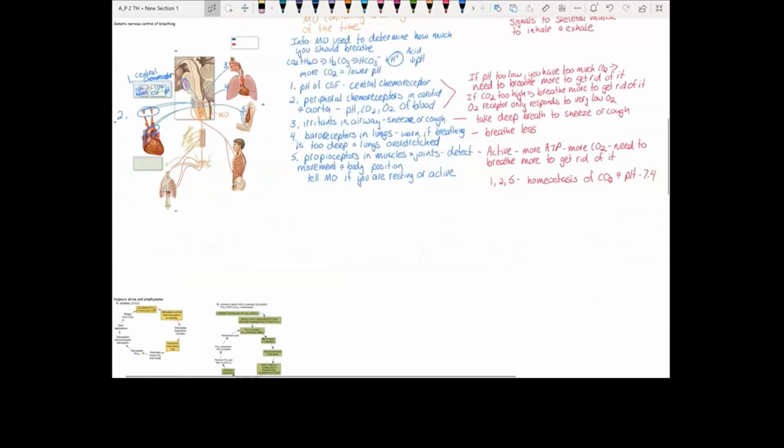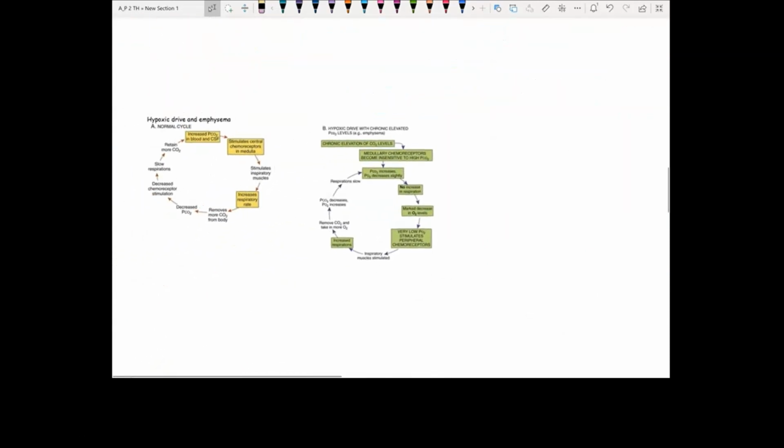Okay, so now let's move on. And I said we would talk about that low oxygen situation. Okay, first of all, let's look at the healthy person. So here in the yellow, this is a healthy person. Okay, so this is the cycle we just talked about. If you had increased carbon dioxide in the blood and cerebrospinal fluid, that's going to stimulate your receptors, and you're going to increase your breathing, and that's going to remove the carbon dioxide, and you're going to go back to normal.